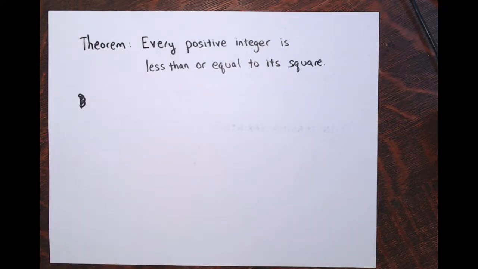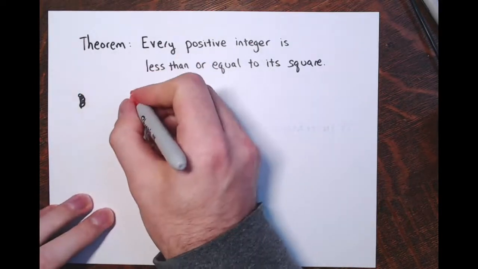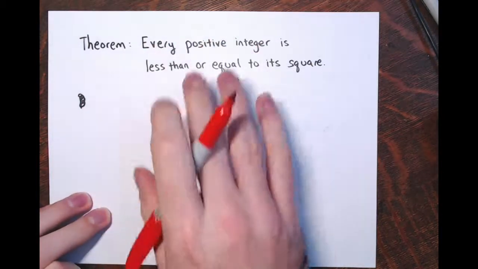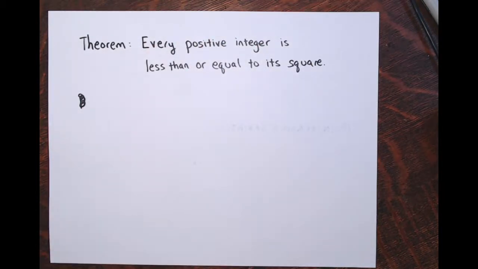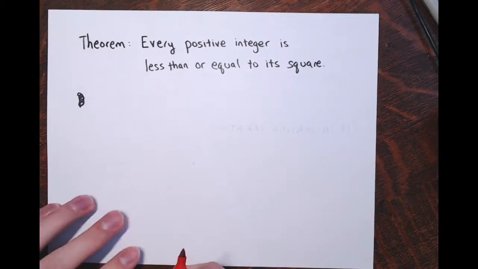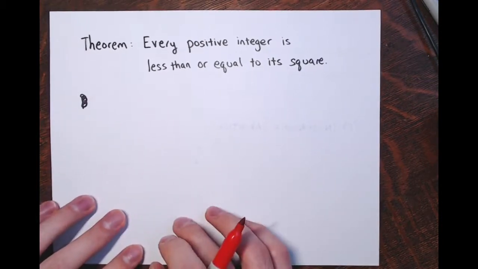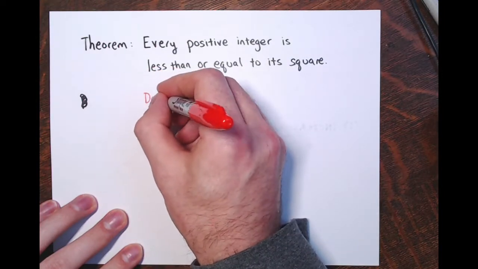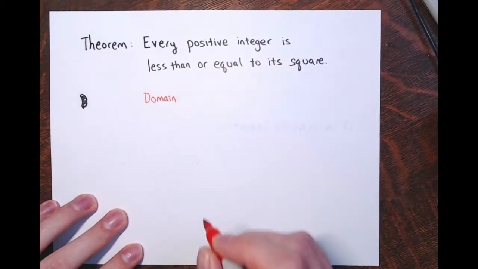Now, something I like doing that you don't have to do all the time is to write this theorem in logical symbols, with quantifiers and variables and everything like we've seen in chapter 1. So first, what's the domain here? What is this statement about?